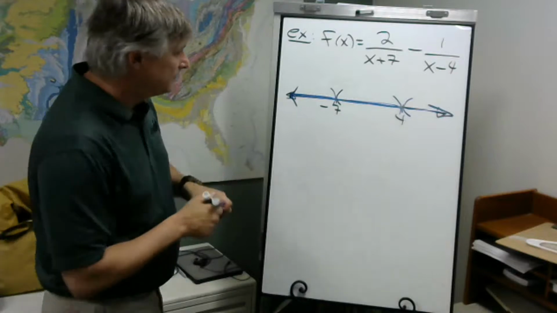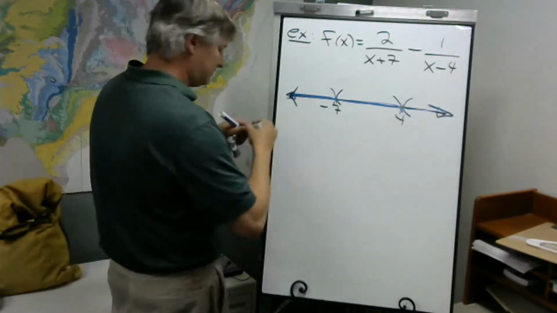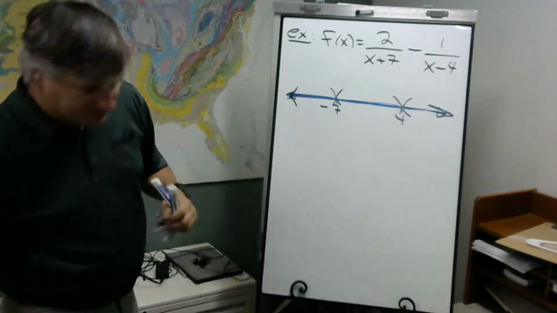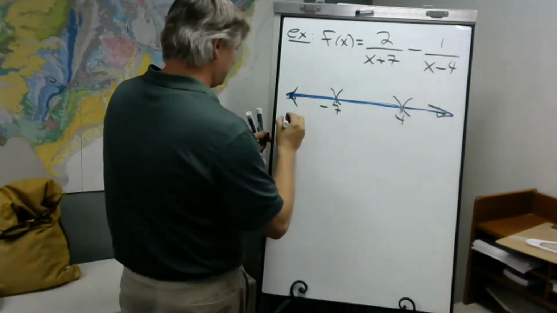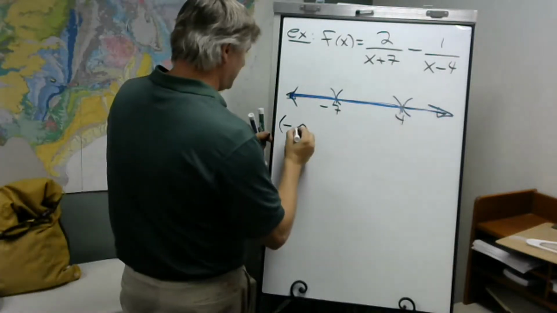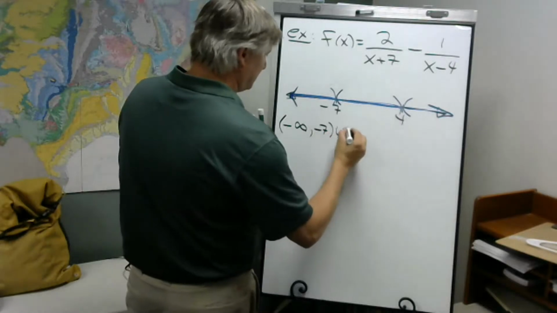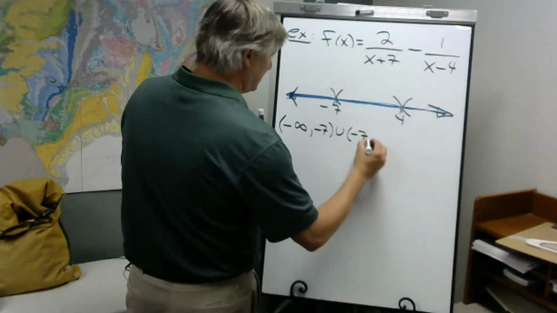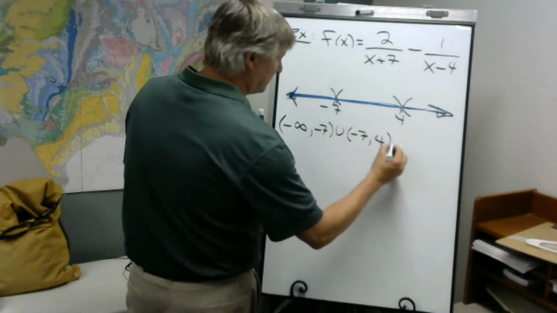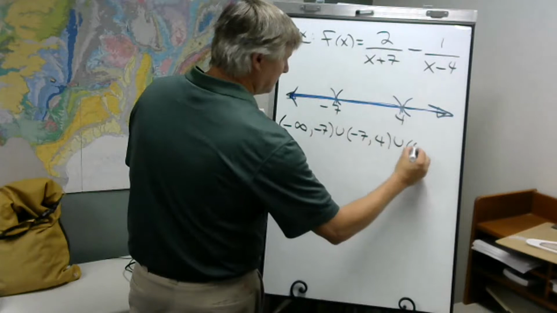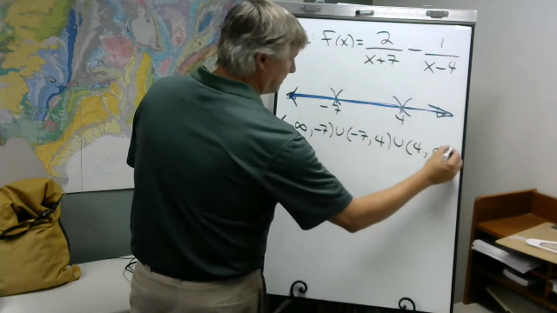So what we get is negative infinity, negative 7, union, negative 7, 4, union, 4, infinity.